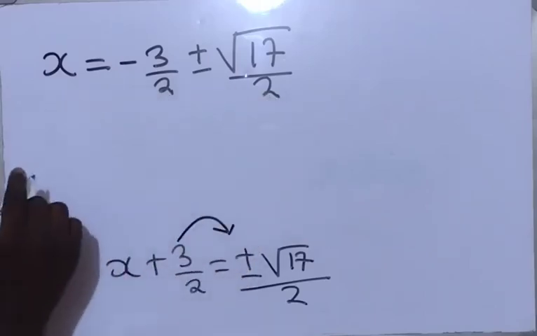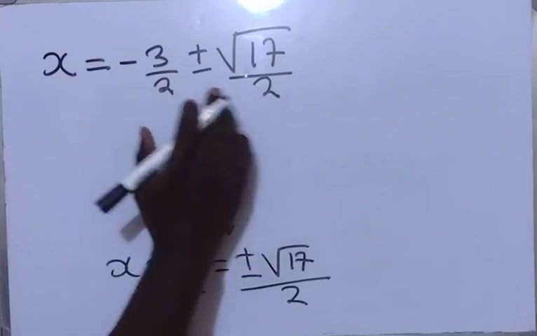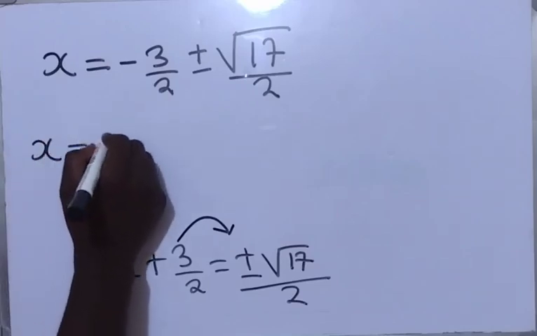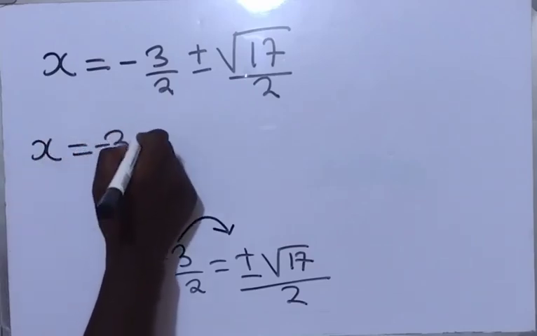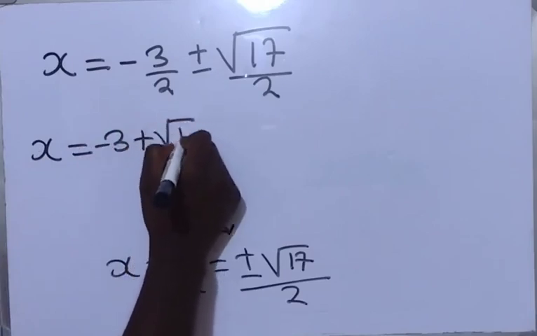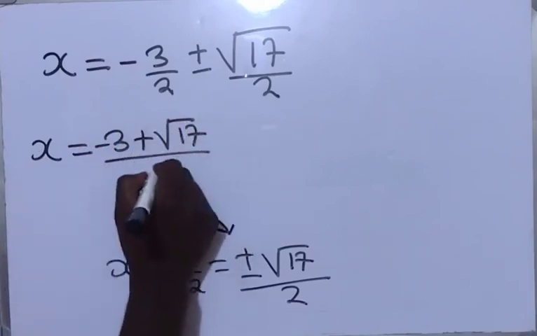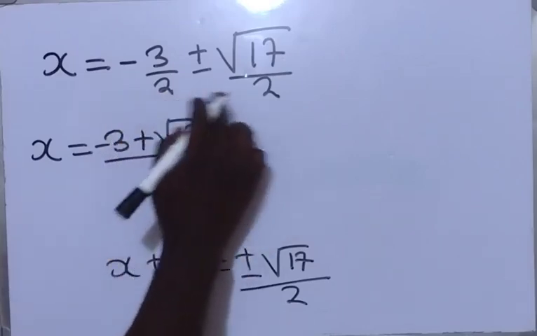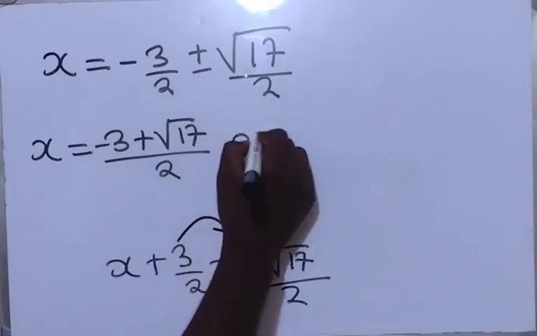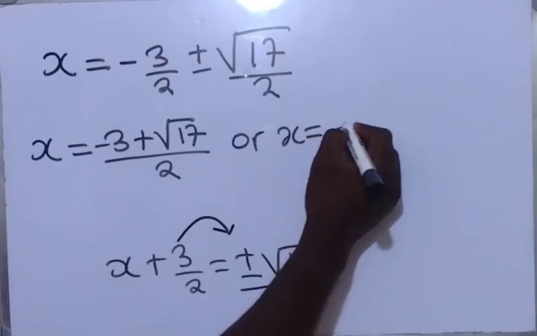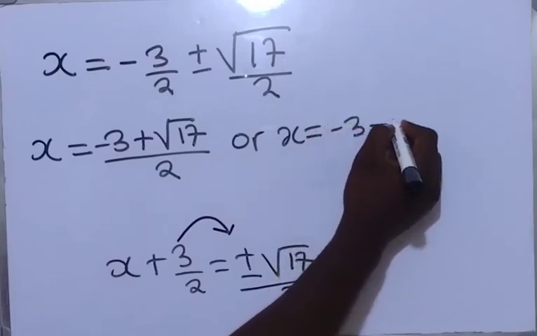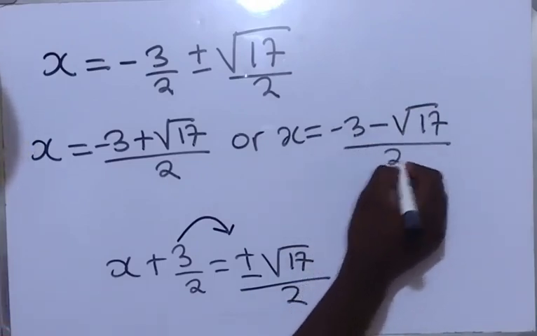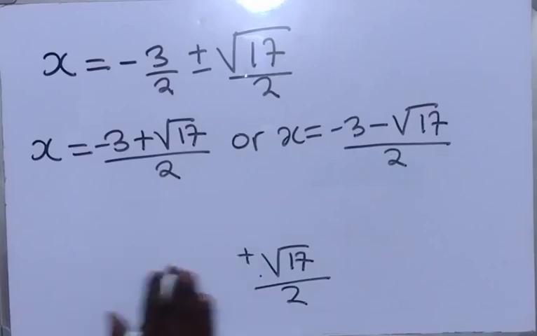So here you're just going to separate this because of the plus and the minus. So I'm going to write x is equal to negative 3 plus the square root of 17 divided by 2. I've divided by 2 because we have common denominators here. Or x is equal to negative 3 minus the square root of 17 divided by 2. So we can have that.